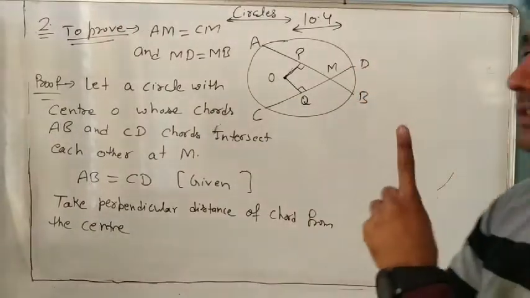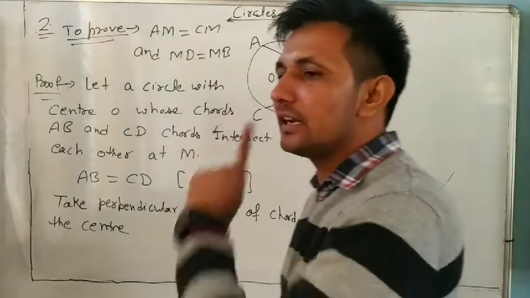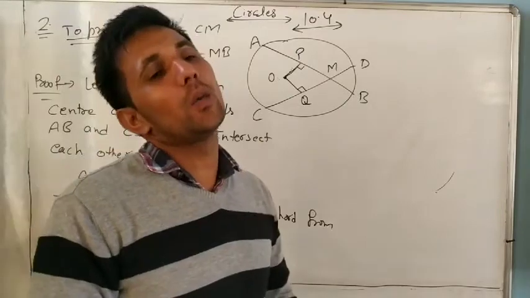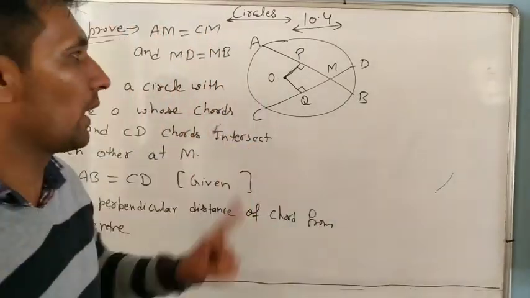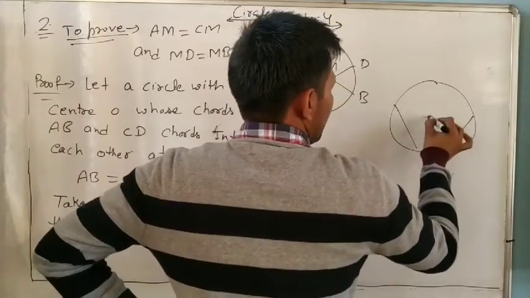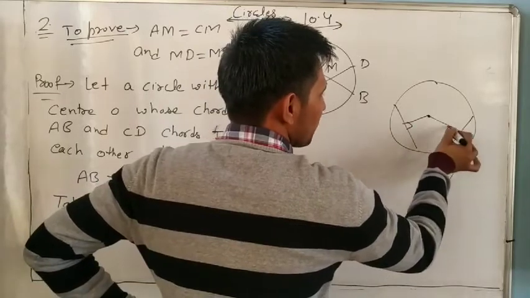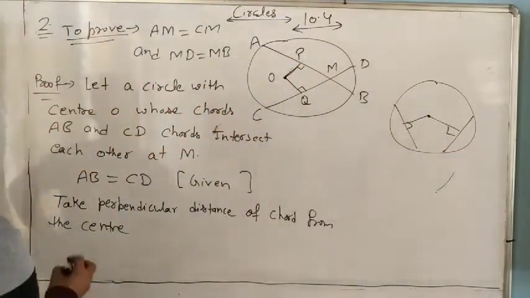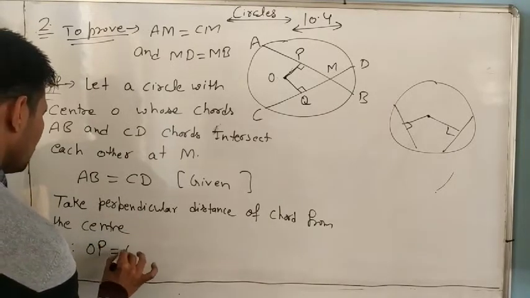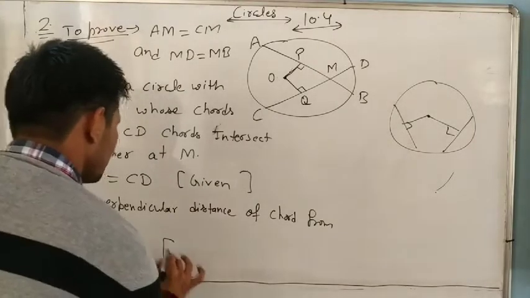We already learned in theorem 10.6 that if chords are equal, then the perpendicular distances from the center are equal. Equal chords of a circle are equidistant from the center. So therefore OP equals OQ.